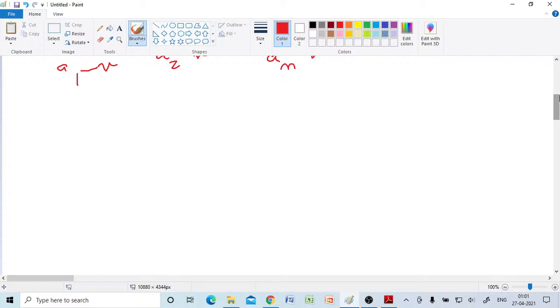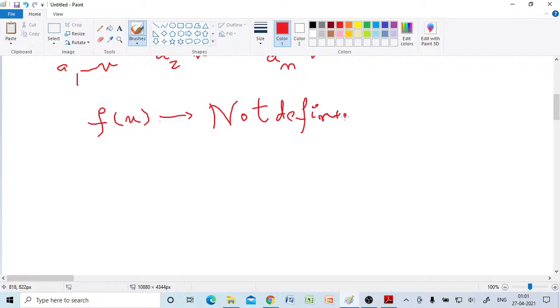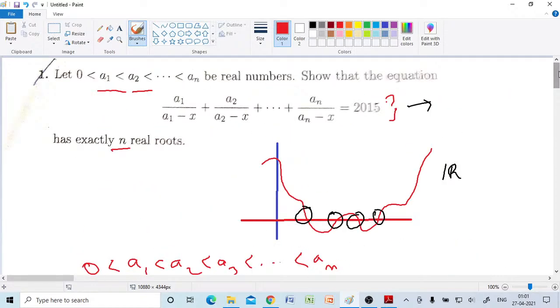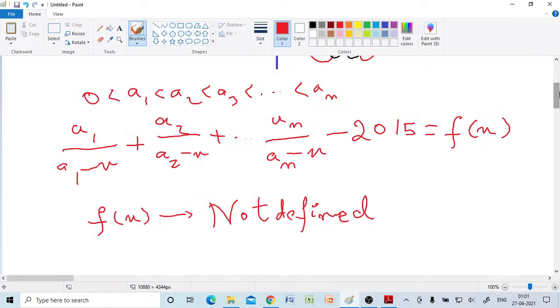Well, we can clearly see that the function f of x is not defined at certain positions. Now what are those positions? If we plug in x equals a1, then this function is going to infinity, and that is not possible.